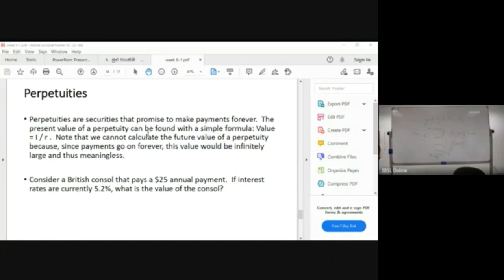Consider a British console that pays $25 annually. If interest rates are currently 5.2%, what is the value of this console? The value is the payment divided by the interest rate. Payment is $25.